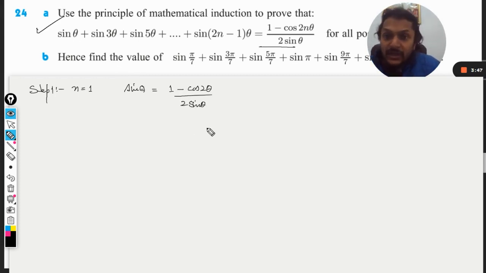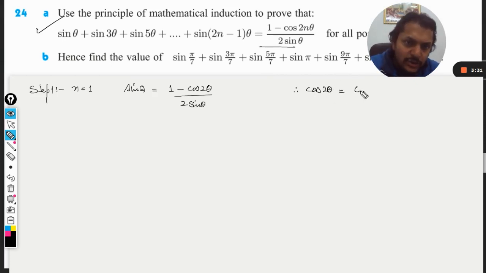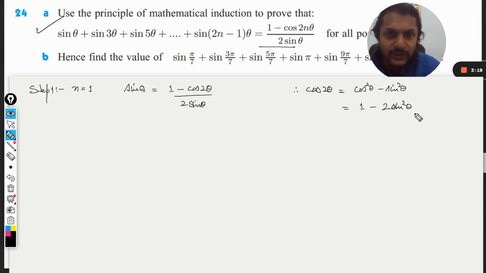Here, I will say that even students will be stuck at this step, because they will not be able to prove it further. Then we remember the double angle identity: cos 2 theta is equal to cos square theta minus sine square theta, or in terms of sine, it is 1 minus twice of sine square theta, because sine square theta plus cos square theta is equal to 1.